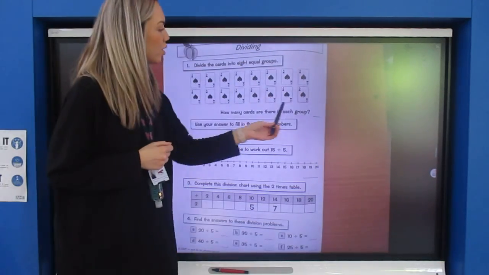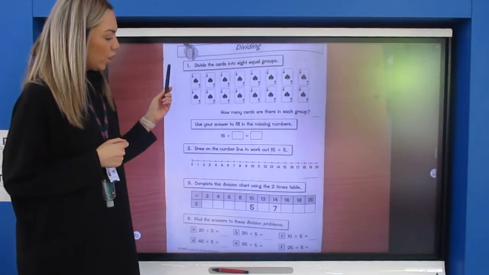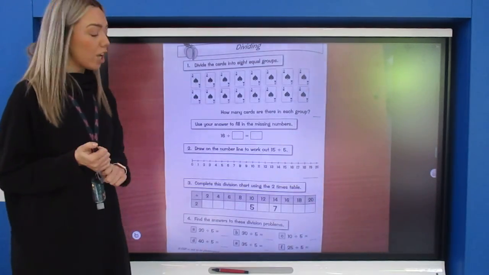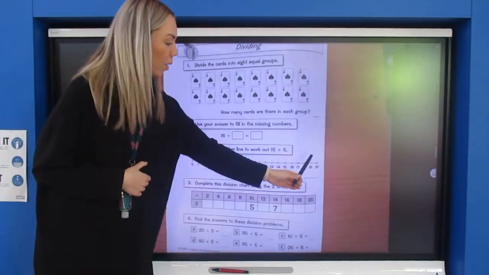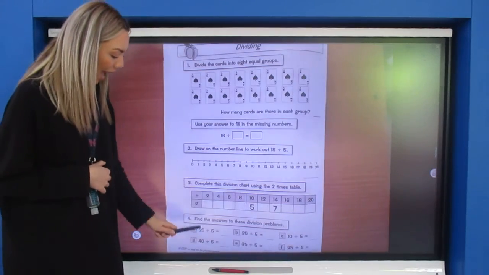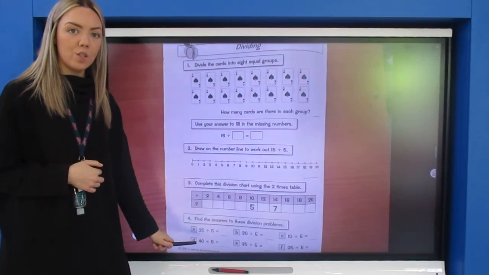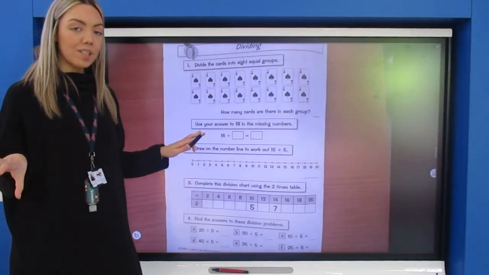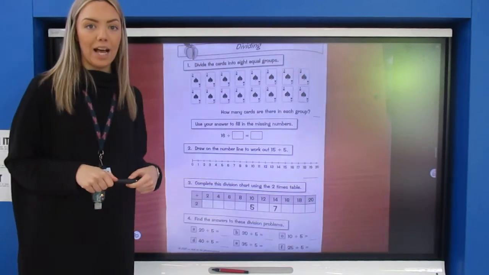So you've got some counting methods. You're going to then turn that into a number sentence, which we've done lots of. You've also got a number line method, and you've got some number sentences which you can use either the grouping method with your counters at home or with a number line, okay?